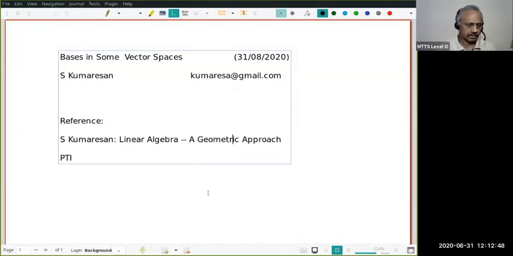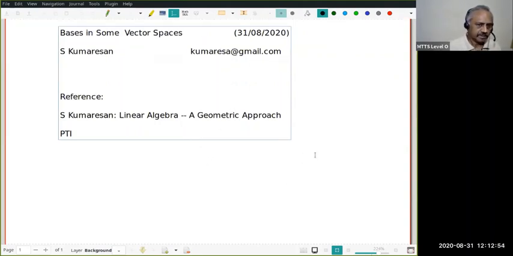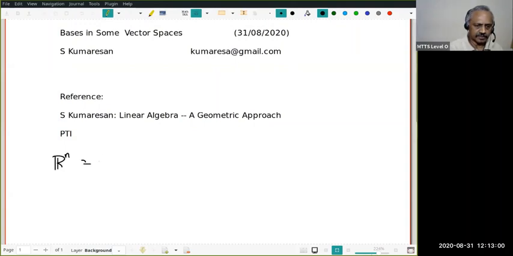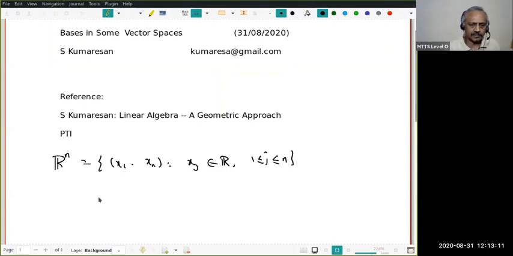So let us start with the first and the most important example for us, namely, suppose I have the standard Rn, the n-dimensional vector space. All of you know what is known as the standard basis.